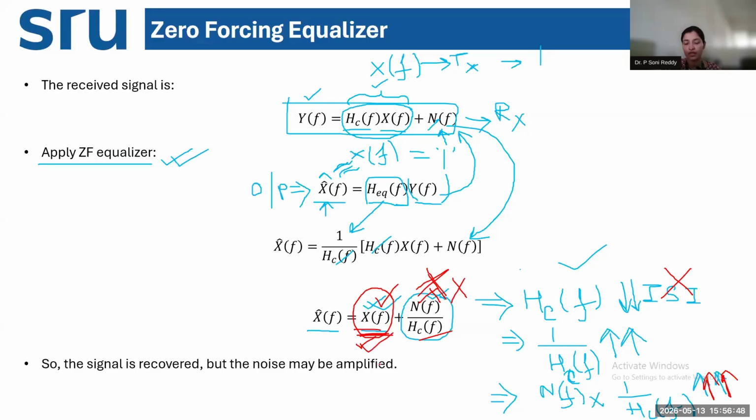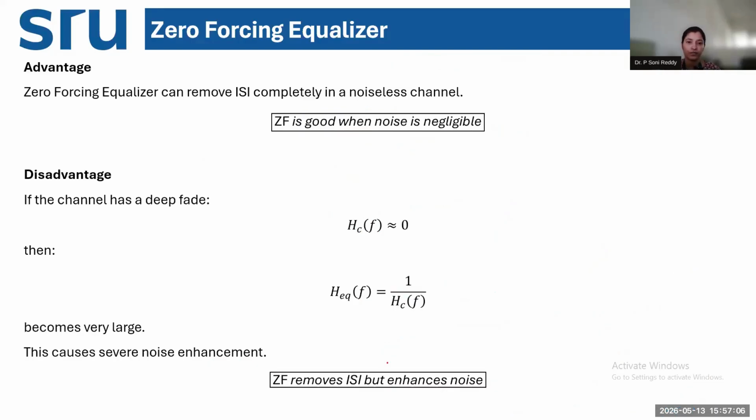So this is an additional challenge and the primary limitation of the zero forcing equalizer. In this case, the signal is recovered, yes, but we have the noise factor also amplified excessively at the receiver side. Okay. So the advantage is that it is able to overcome the ISI effect.